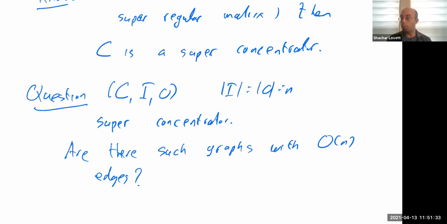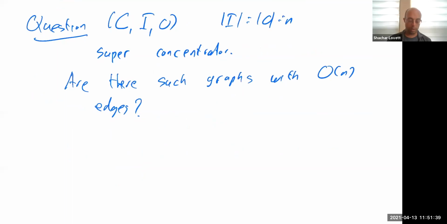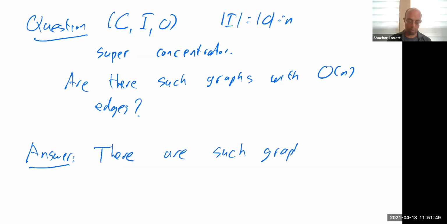So since we don't know how to prove it, you might guess that the answer here is, yeah, there are such graphs. So the answer is going to be there are such graphs, and they can be built using expanders.